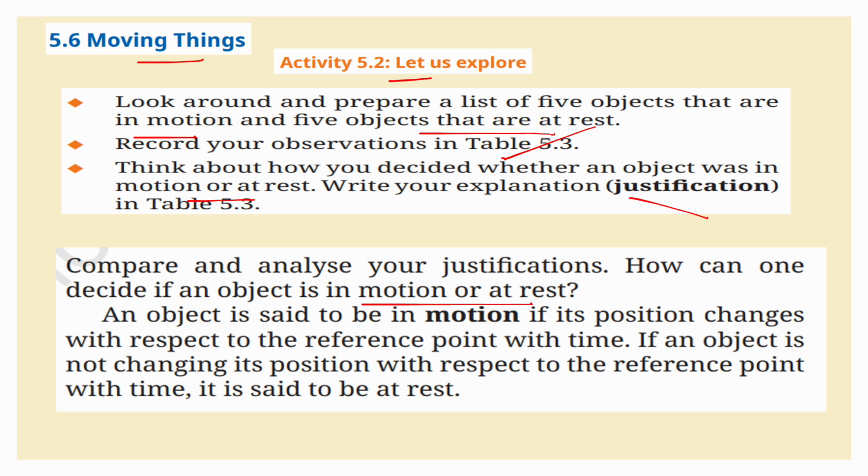An object is said to be in motion if its position changes with respect to the reference point with time. If an object is not changing its position with respect to the reference point with time, it is said to be at rest.